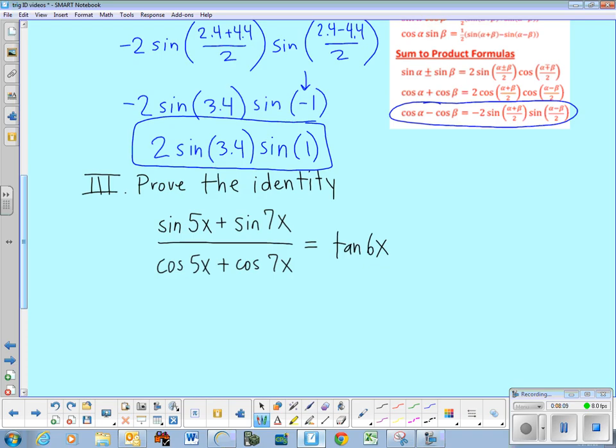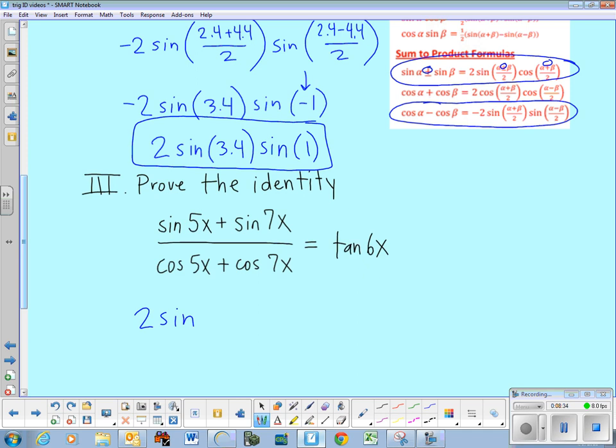Sine something plus sine something else. So I'm going to be using this, and I'm going to use the plus because I've got a sum here, which means I'm going to have a plus first time and a minus the second time. All right, so this expression on top should equal 2 times the sine of (a plus b) over 2.